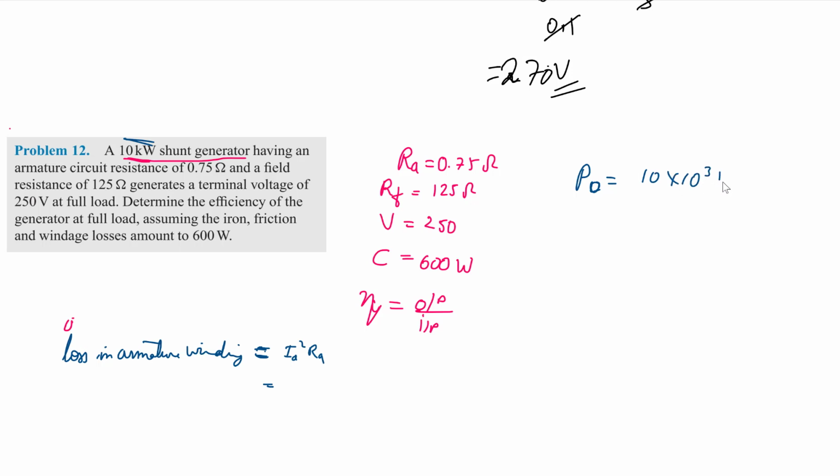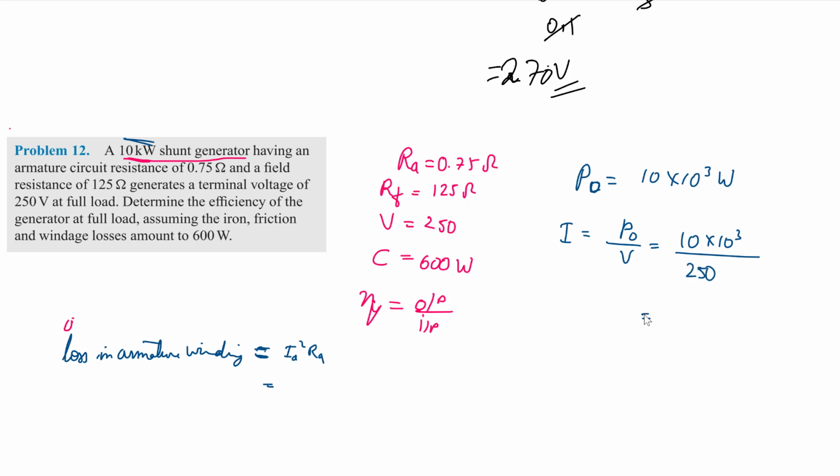10 to the power 3 watt. And the terminal voltage is 250 volt. So the current I is PO divided by V. This is 10 into 10 to the power 3 divided by V, which is 250 volt.